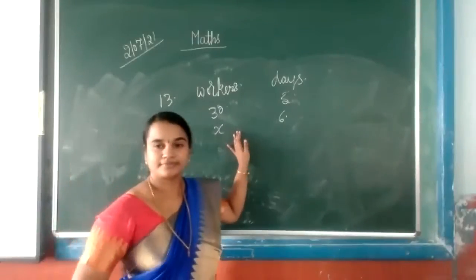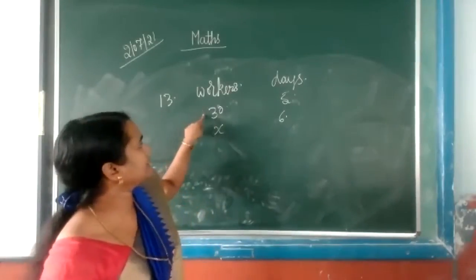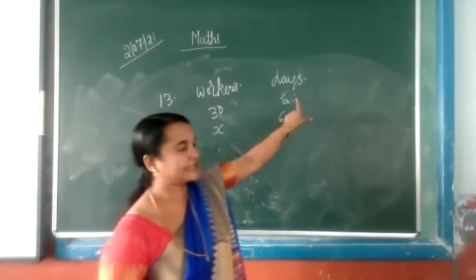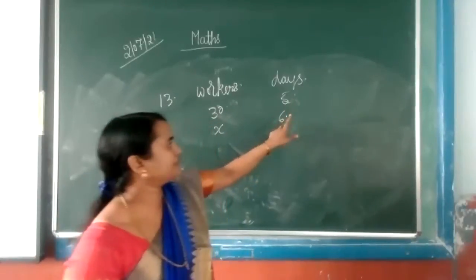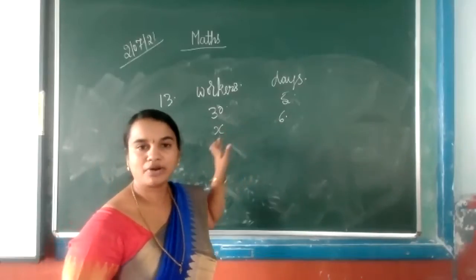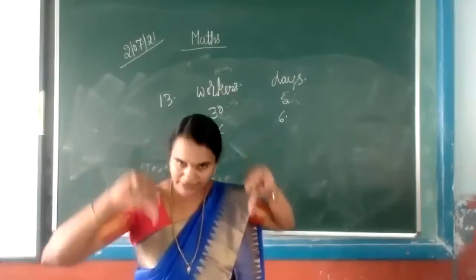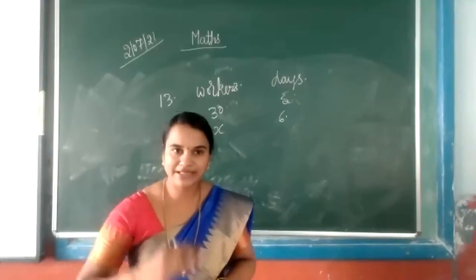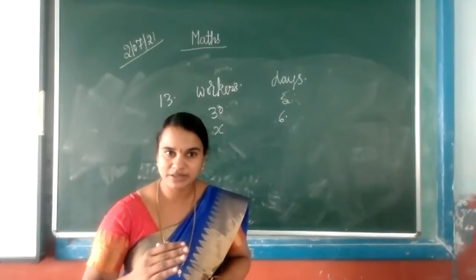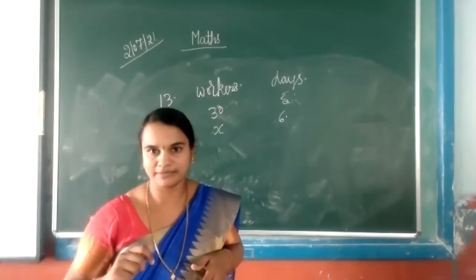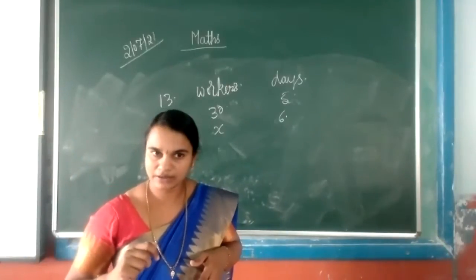Now, here 30 workers can complete the work in 5 days. If they take 6 days, will the number of workers increase or decrease? It will decrease, isn't it? If fewer persons, they will take more time to complete the work, isn't it? Clear?